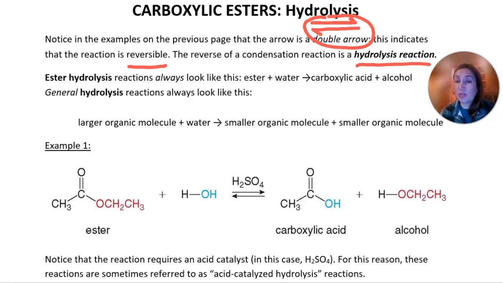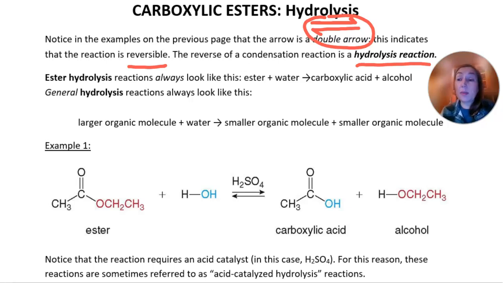It takes the ester and water back to the carboxylic acid plus the alcohol. Ester hydrolysis reactions always look like this: ester plus water gives carboxylic acid and alcohol. A general hydrolysis reaction always looks like this: you have a large organic molecule, and water reacts to form a smaller organic molecule and another smaller organic molecule.